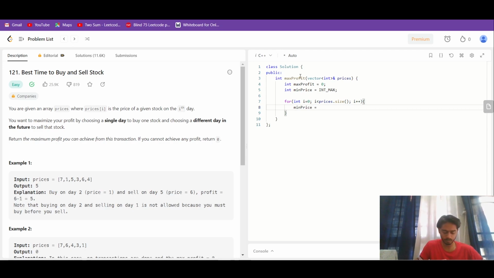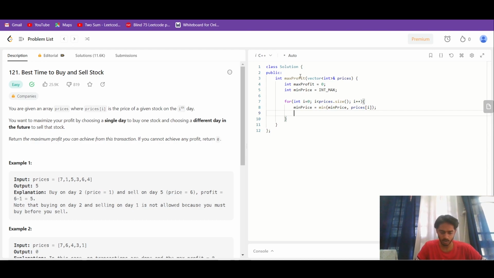Minimum price equal to min of minimum price, comma, prices[i]. So this is for the minimum price, and for each iteration we have to calculate the profit.